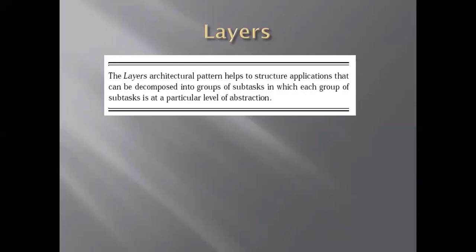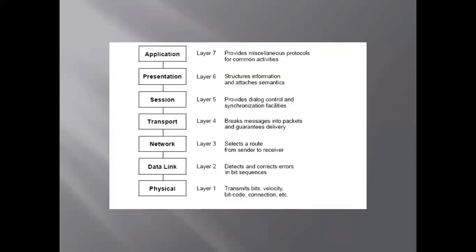Let us study this layers pattern with the help of a very common example which you have already studied in our computer networks course. By this diagram, you can see that this is the OSI 7-layer model, where the layers, from bottom to top, are physical, data link, network, transport, session, presentation, and application.